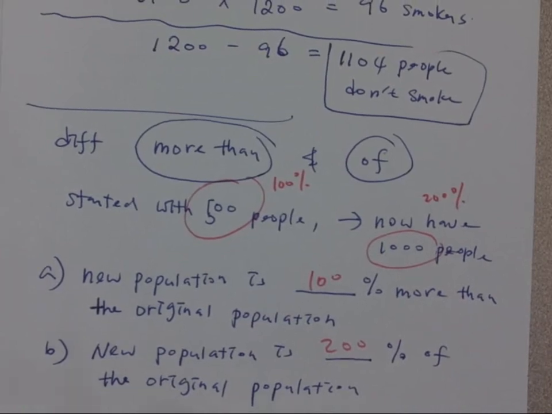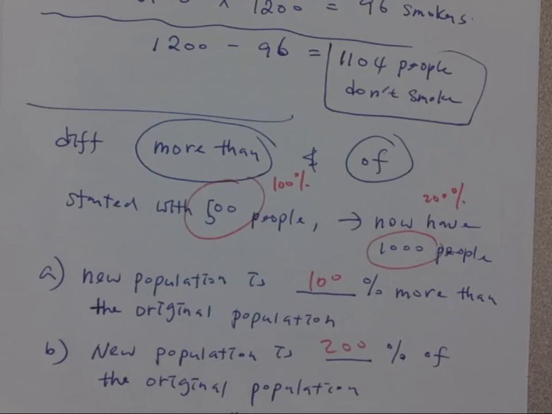How about if I started with 500 and then it goes to 1,500. If this is 100%, that would be what? Okay, 100% is 500. If you add another 100%, you have 1,000.